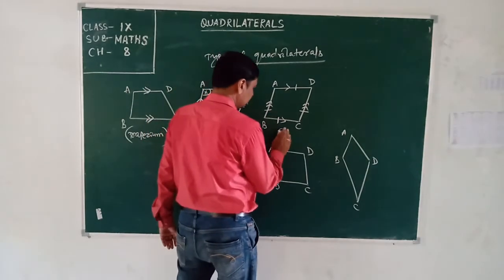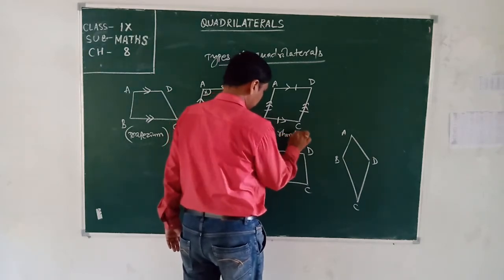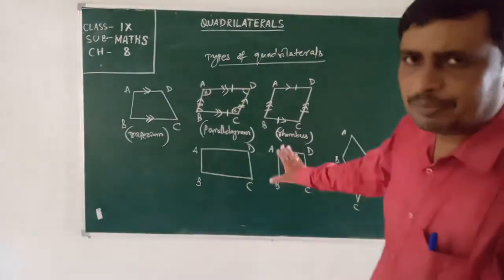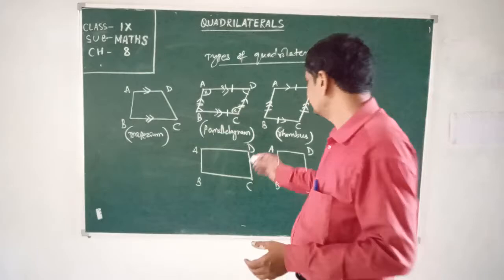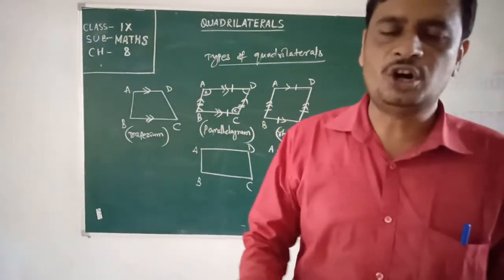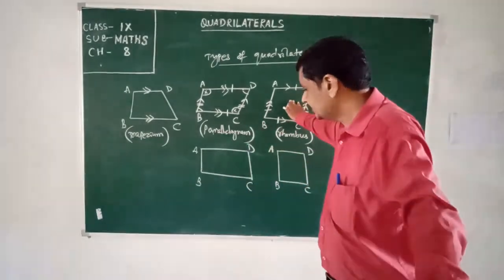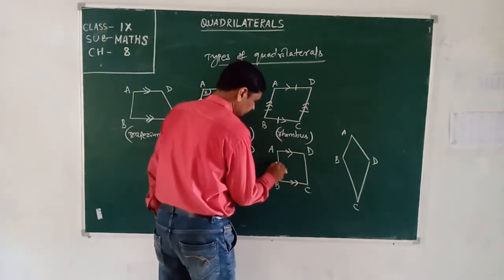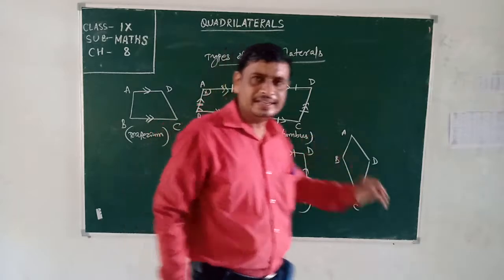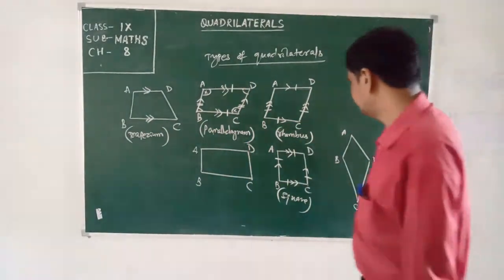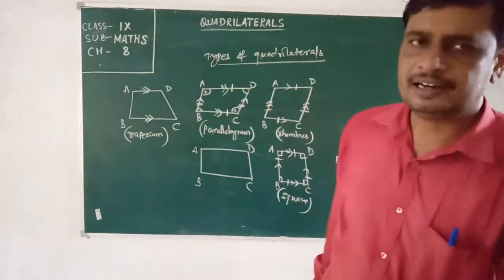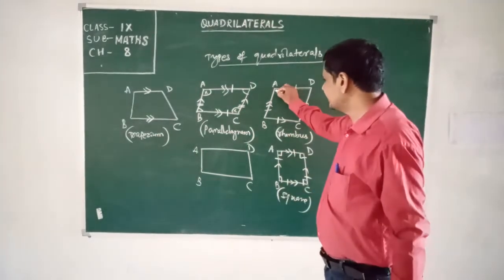The same properties happen in a square. In this figure, opposite sides are parallel and all sides are equal in length, which happens in a rhombus and also in a square. The only difference is the interior angle of a square is 90 degree, but here in the rhombus the interior angles are not 90 degree.